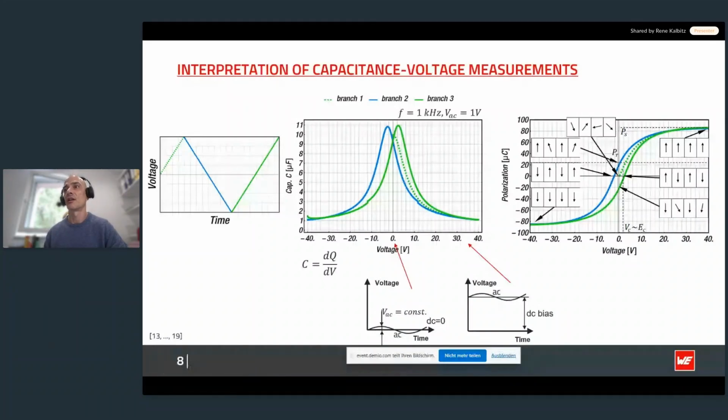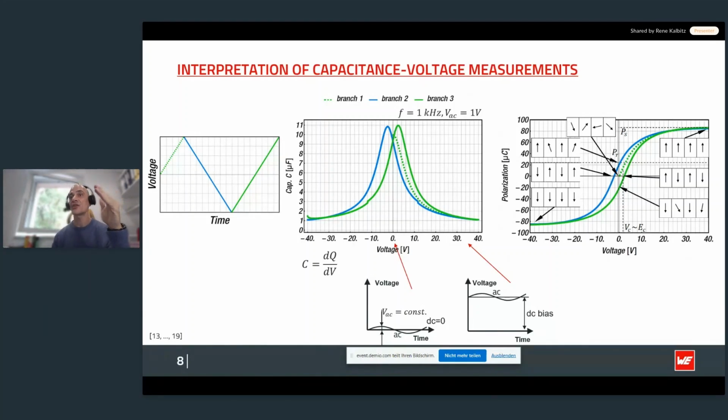All right, let's consider branch 2, that is the blue graph. As the voltage of the external field is reversed from positive to negative, the dipoles relax slightly but remain in their overall polarization direction due to the internal coercive field EC.